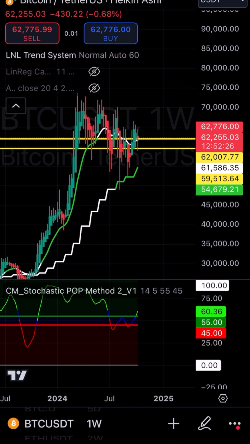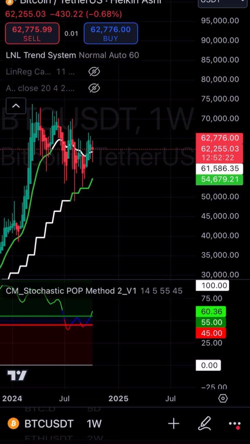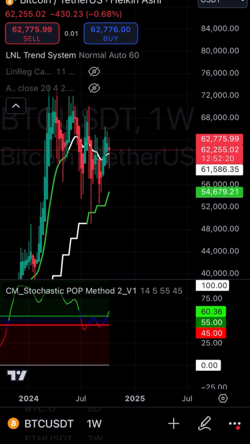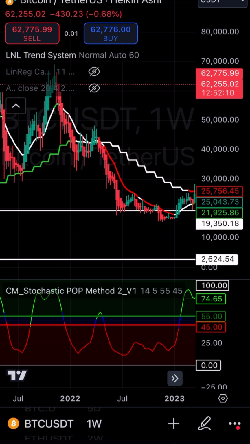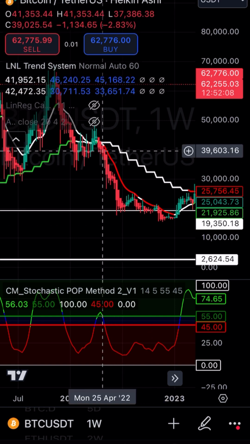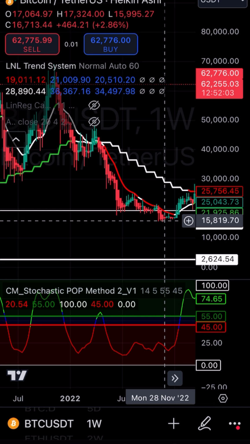And in my opinion, right now, for us to be in a bear market, these two lines have to cross, which I don't think is going to happen for a while. It's probably going to continue to go up. But when we're in a bear market, you will know exactly when that is, because it's going to cross, and you'll know exactly how long to hold your trades.